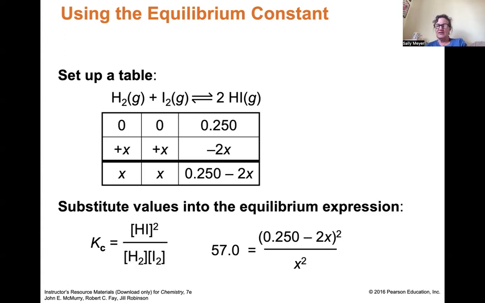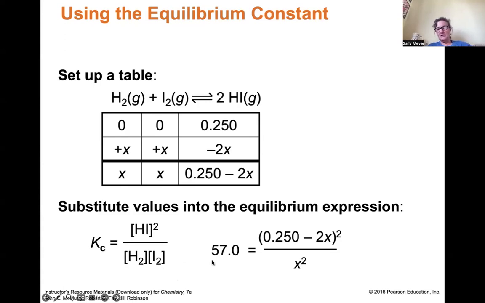So you have to subtract 2 times whatever your X is if you've defined your X to be how much I2 and how much H2 are made. So that means at equilibrium, we'll have X and X for H2 and I2, and we'll have where we started, 0.250 minus 2X. So if we set up the equilibrium expression, it's going to be the concentration of HI squared divided by the concentration of H2 times the concentration of I2.